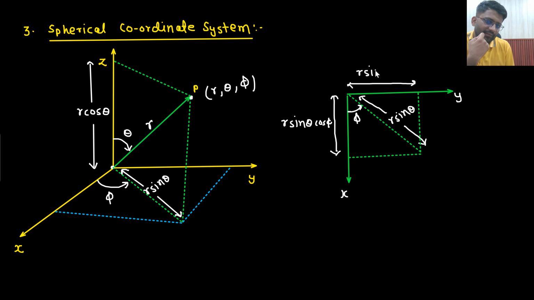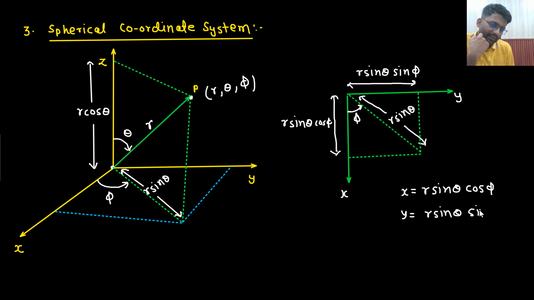R sin theta sin phi. And what is the projection on the z-axis? That is r cos theta. So what is your x? X is r sin theta cos phi. What is your y? R sin theta sin phi. And what is your z? Z is r cos theta.